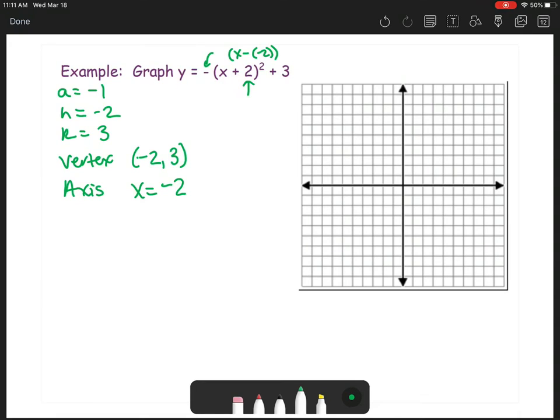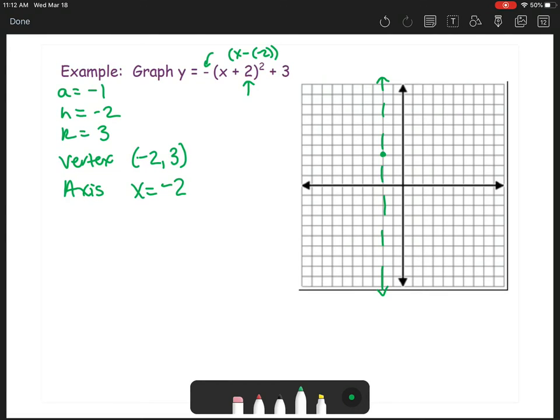Okay, we're going to plot these things and then see how much more information we need based on what we were given. So there's my axis of symmetry at x equals -2, and then I'm going to find (-2, 3) for the vertex. And I know this opens down, but I don't have a lot of information there.